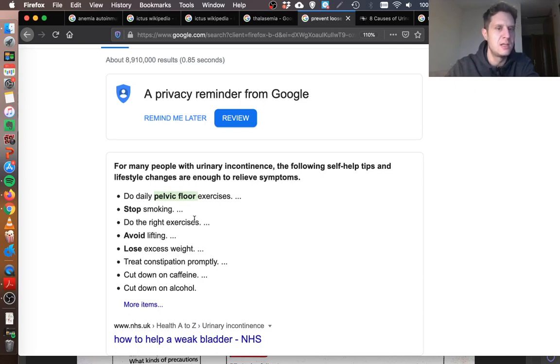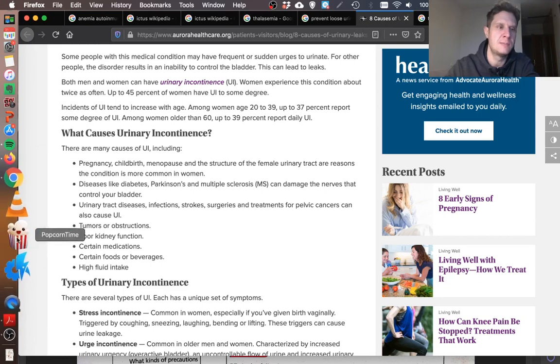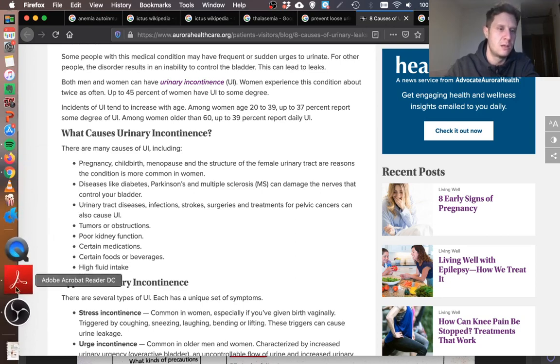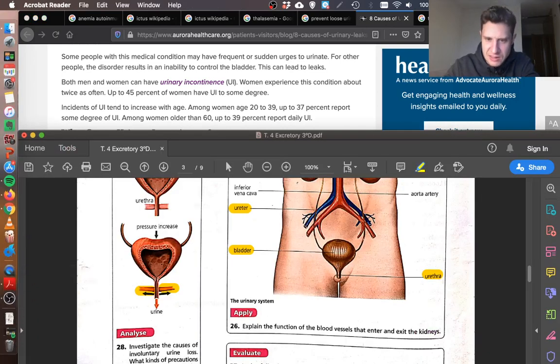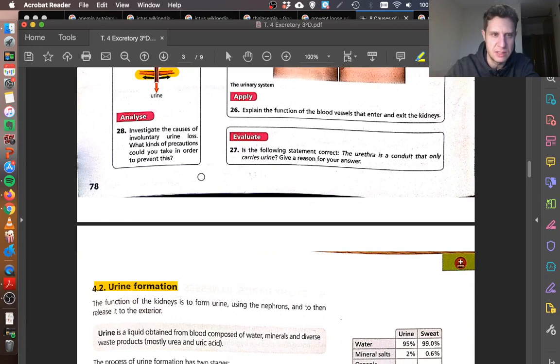Especially women, since the urethra is very short, if you don't have these muscles strong, it's very easy to have a loss, a little leak of pee. So this is the most important thing.